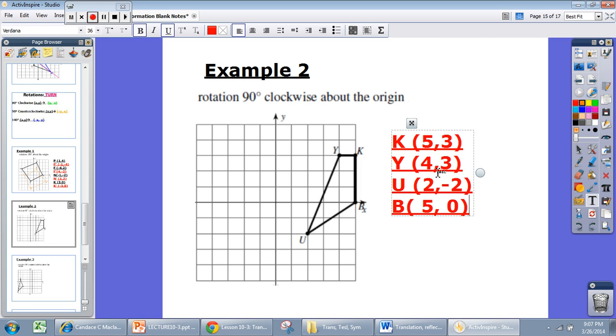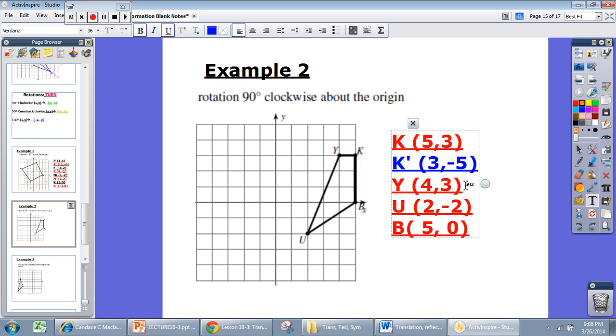Okay, so we are switching and making X negative. Your new K prime is going to be 3, negative 5. Your new Y is going to be 3, negative 4.